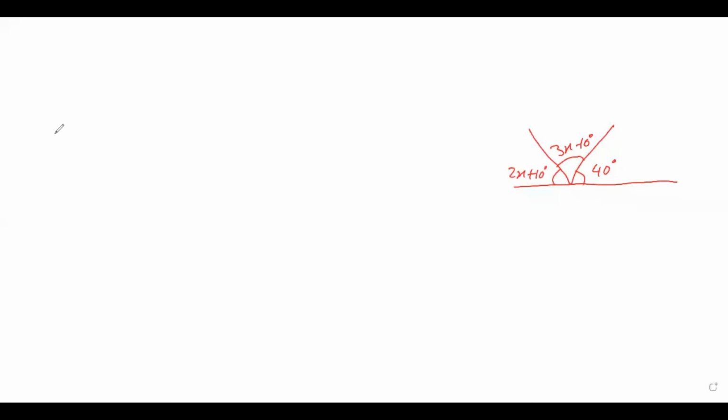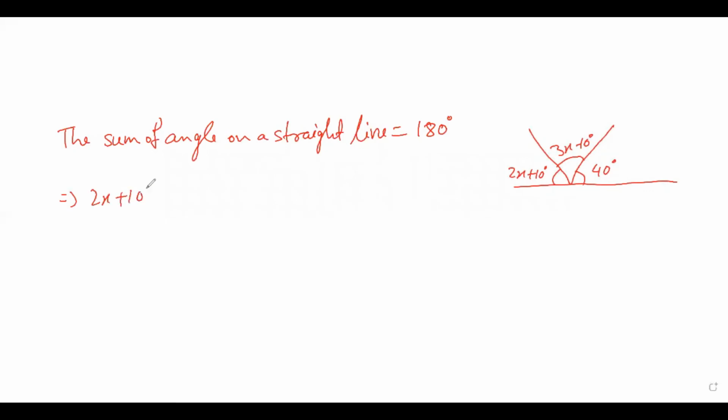So we know the property that the sum of angles on a straight line is equal to 180 degree. So we can say 2x plus 10 degree plus 3x minus 10 degree plus 40 degree equal to 180 degree.